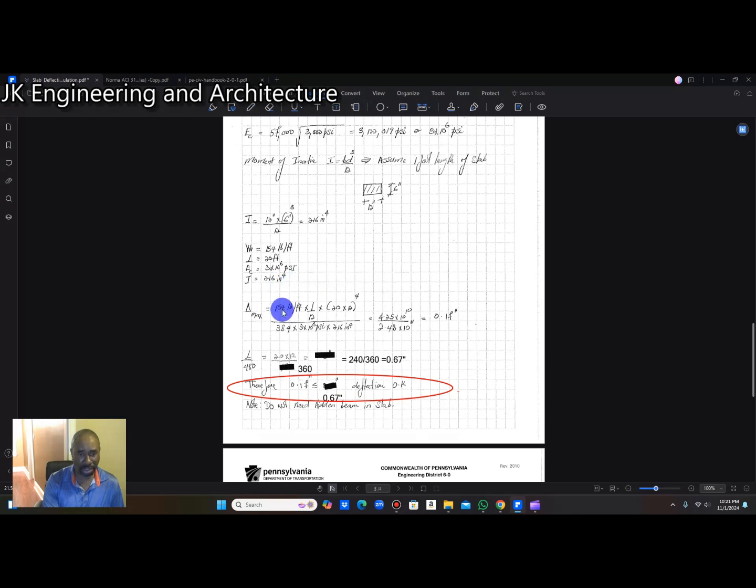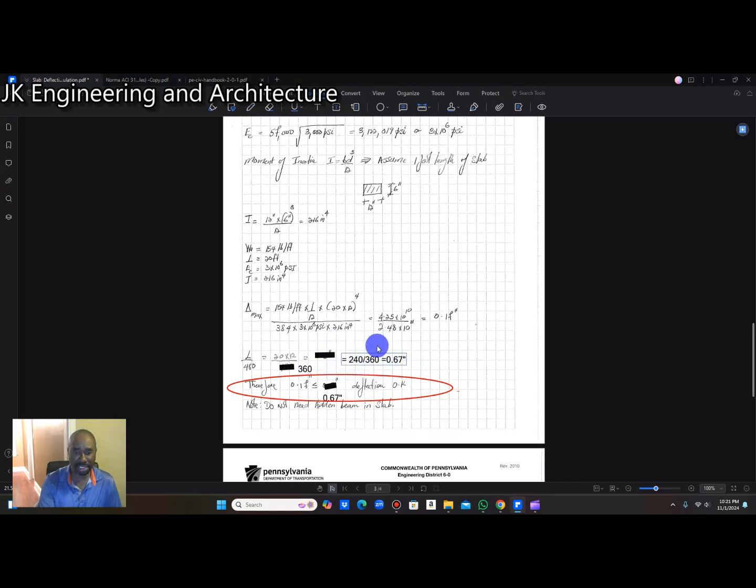So we plug all these values into the formula, 5wL to the fourth over 384EI, and I am getting a result of 0.17 inch. So the maximum deflection of this 20 feet by 20 feet slab is going to work out to 0.17 inches. Now our L over 360 is going to work out to be 0.67 inch.